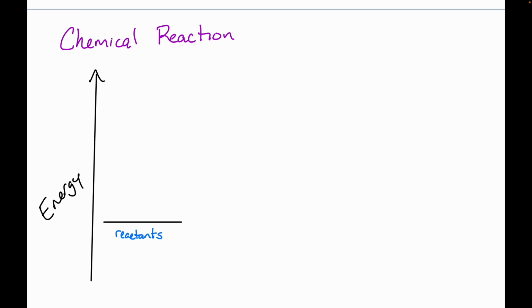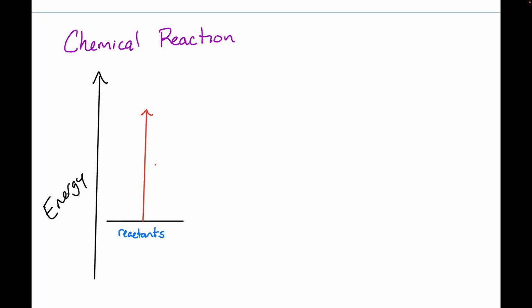We have to put energy in to break the existing chemical bonds in our reactants. So breaking bonds means we're going to input energy. Now we're up here where all of our reactants have had their bonds broken.